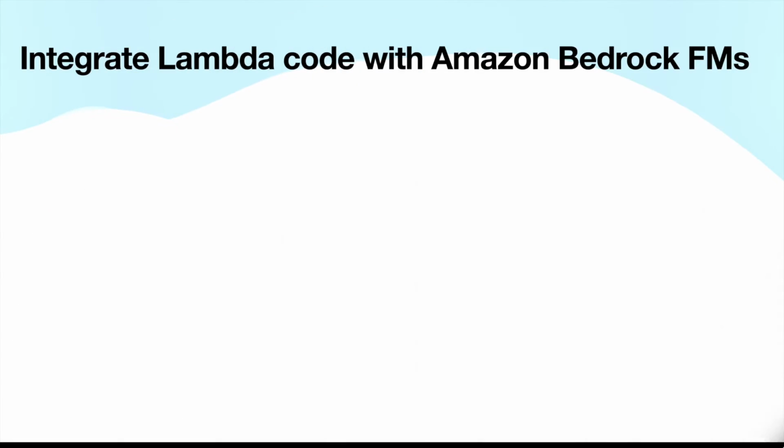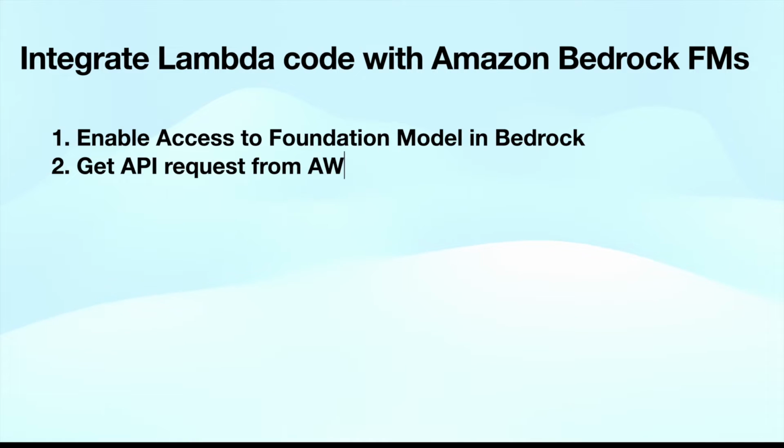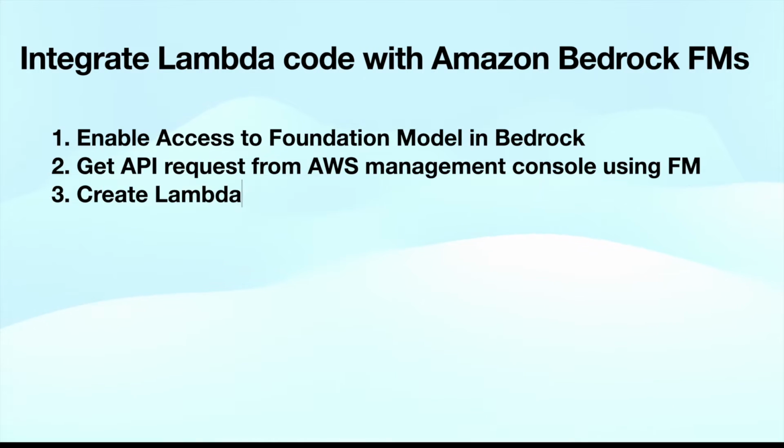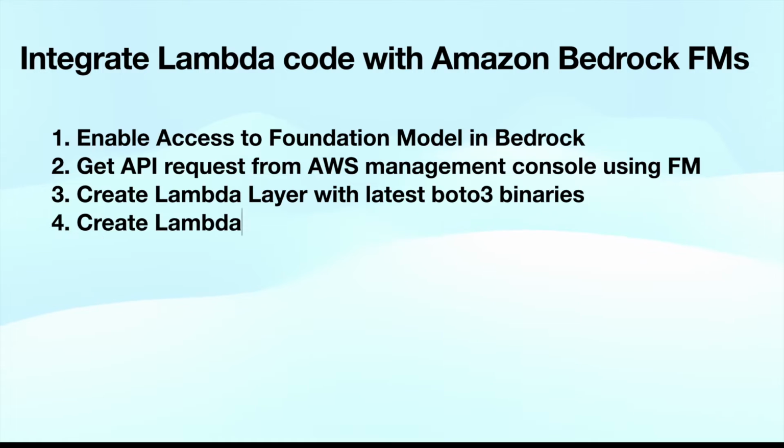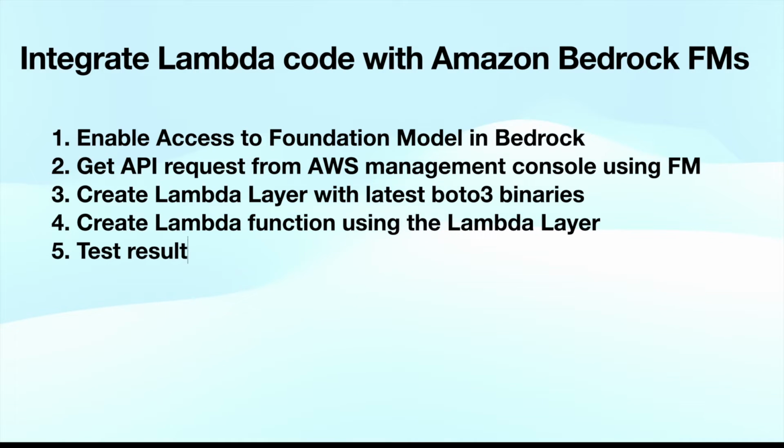So let's get into the management console. Okay, before we get into the management console, I just want to show you the quick steps of what we are going to do in this video and how we are going to integrate Lambda with the Amazon Bedrock foundation model. The first step is to enable access to the FM in Bedrock, then get the API request from the AWS management console using the foundation model, and I'll show you how to do it.